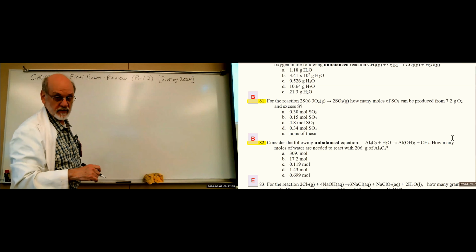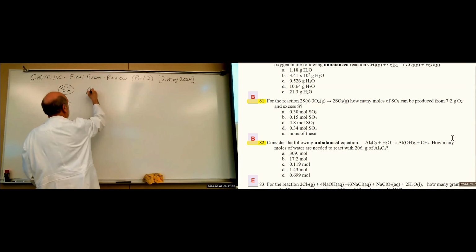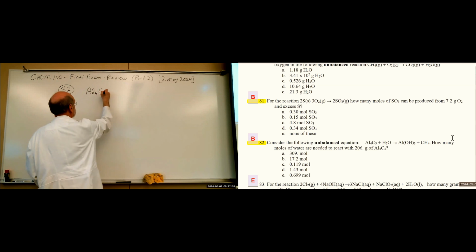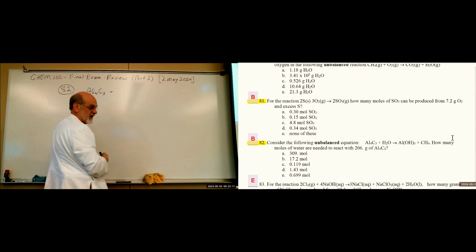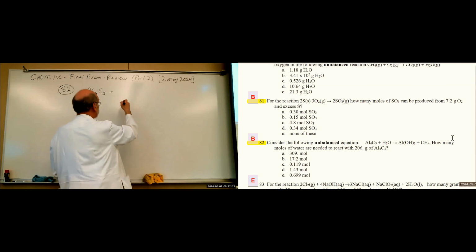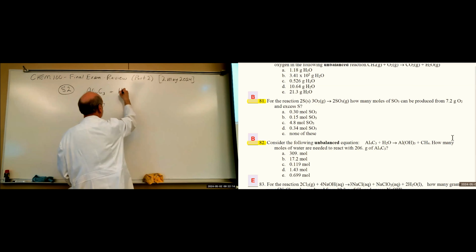So we've got aluminum carbide plus water yields what? Aluminum hydroxide and methane.